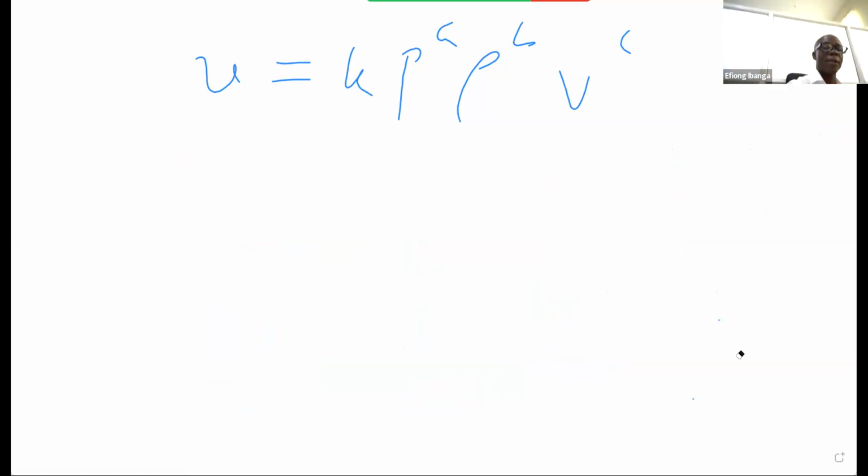Okay, now look at it. This constant is dimensionless. It cannot be determined by dimensional analysis, but only through an experiment. This analysis is done for the purpose of finding out the relationship about the speed of sound. Don't forget, this is the speed, this is pressure, this is density.